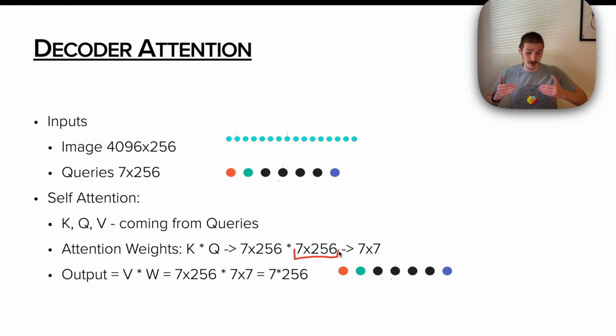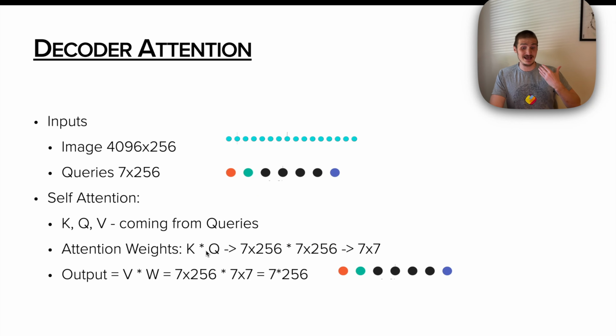That's a common matrix multiplication. What happens when we do that is we cancel out this last dimension, and so we get this 7 by 7 attention matrix, which says what is the attention weight between every pair of queries that we had?